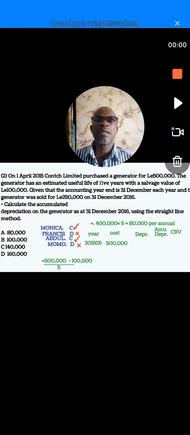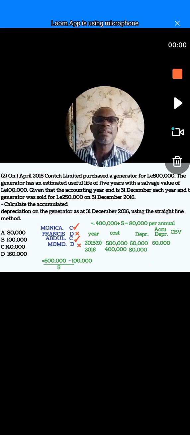Accumulated depreciation for the first year is 60. The net book balance for the first year we are not required to find. The next year is 400,000, and depreciation is 80, and the accumulated depreciation for this next year is 140.